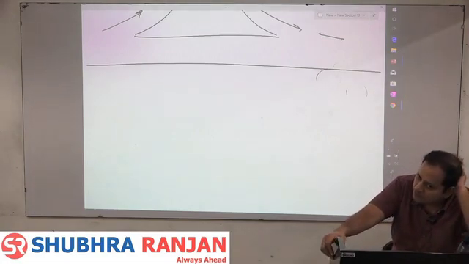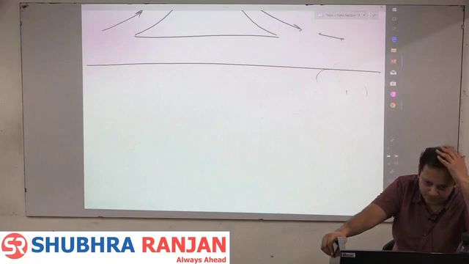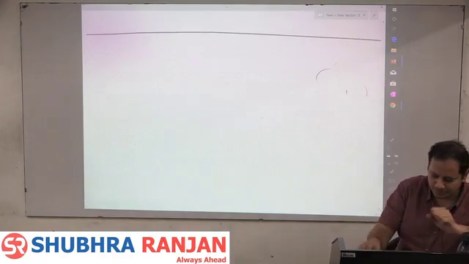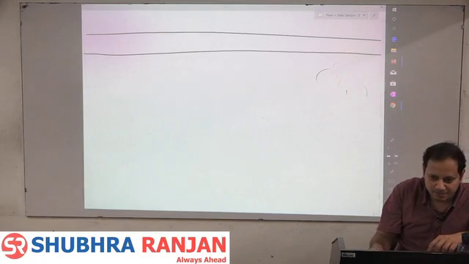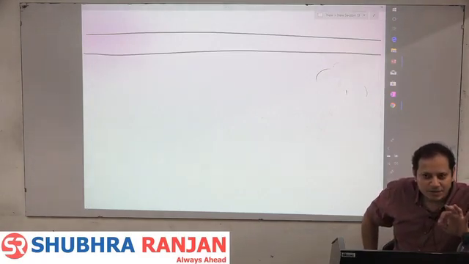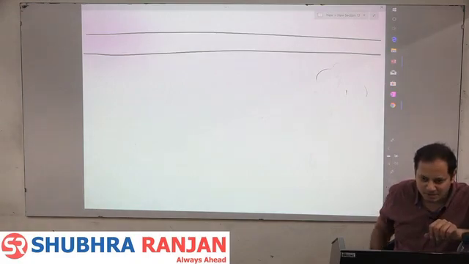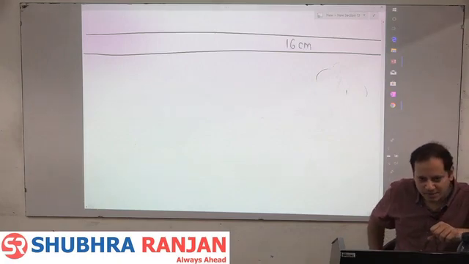Cloud burst, orography, orography. That year was a La Nina year. And that was a man-made tragedy. What is the amount of rainfall yesterday in Pune, day before yesterday in Pune, when such a big tragedy has happened? 16 centimeters.